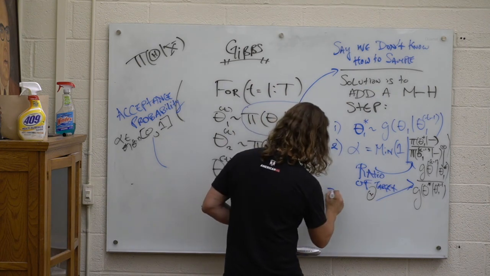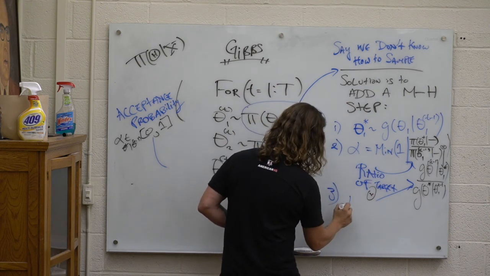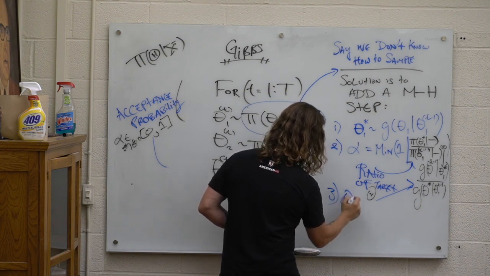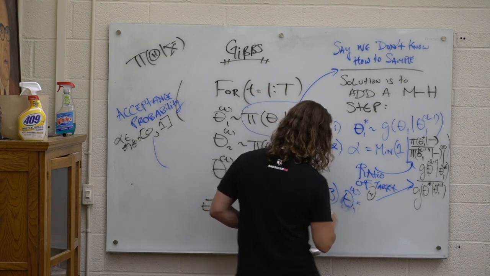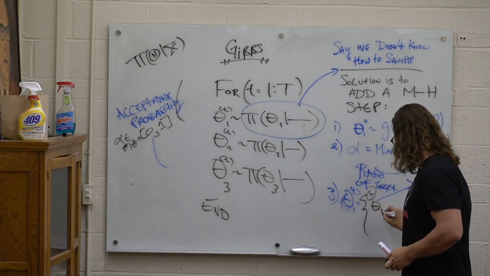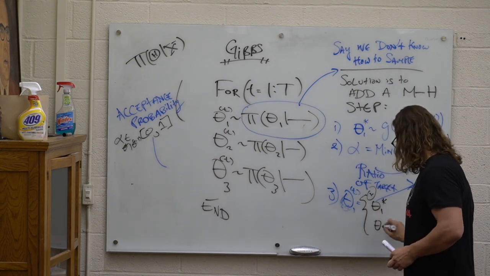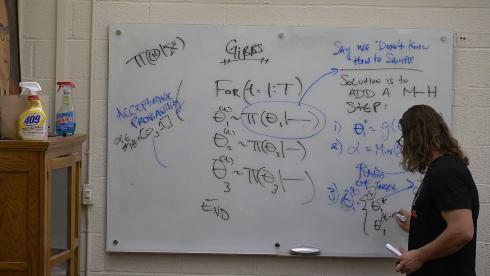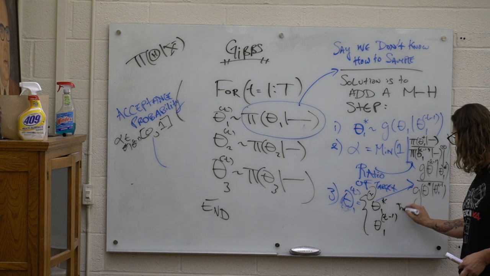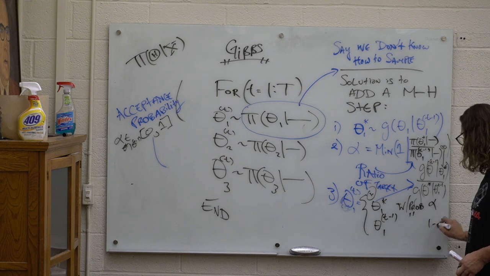So theta 1 at t is going to be one of two things. It's going to be theta 1 star, or where I was last time. So we don't discard anything, we keep it. This happens with probability alpha, and this happens with probability 1 minus alpha.